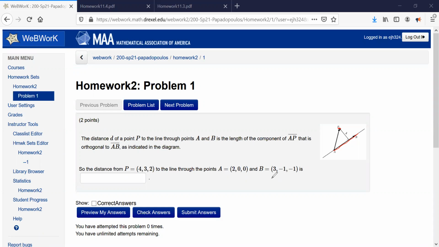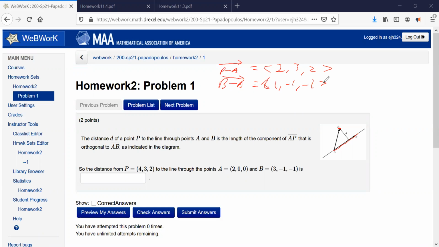You'd start by finding the vectors for AP and AB, right? Yeah, exactly. So we get P minus A vector is going to be equal to 2, 3, 2. And then B minus A vector is going to be equal to, so that'll be 1, -1, -1.